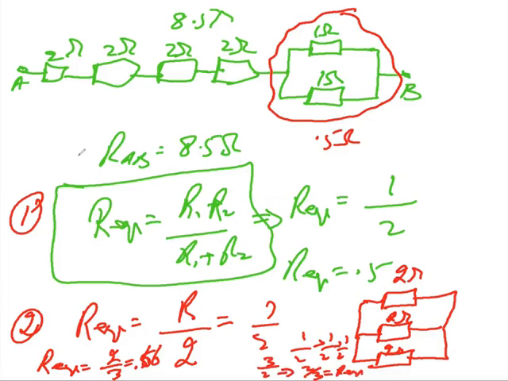Is 1 over RT equals 1 over R1 plus 1 over R2 the same equation as this? Yeah, that is the same equation. But you will only use this type of equation if you have only 2 resistances.